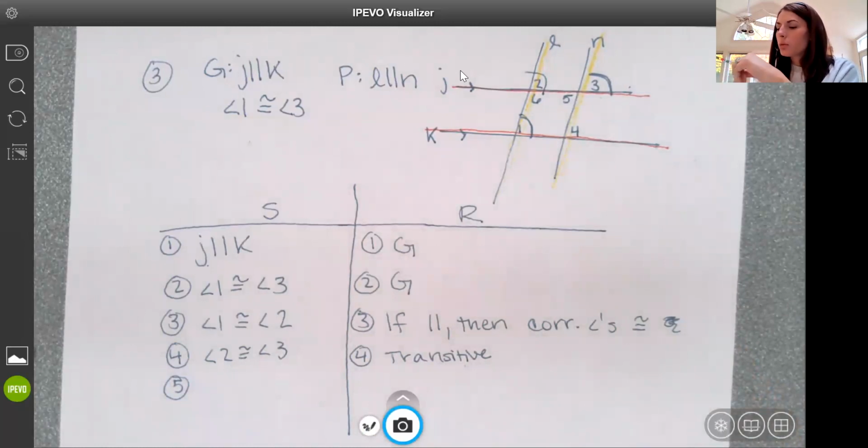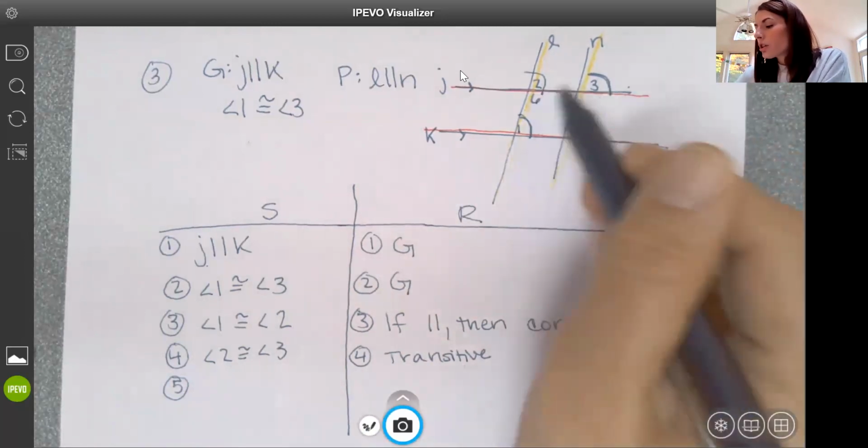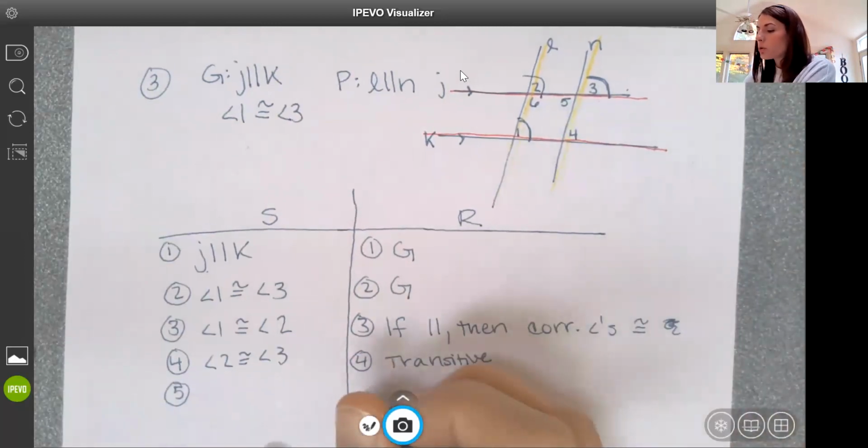Same side, 1 in, 1 out would be corresponding, yeah. So because these are corresponding, this if-then works both ways.